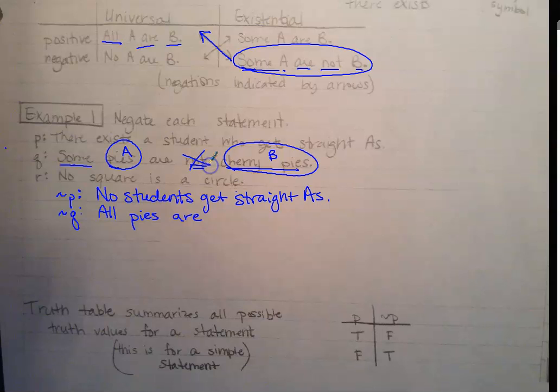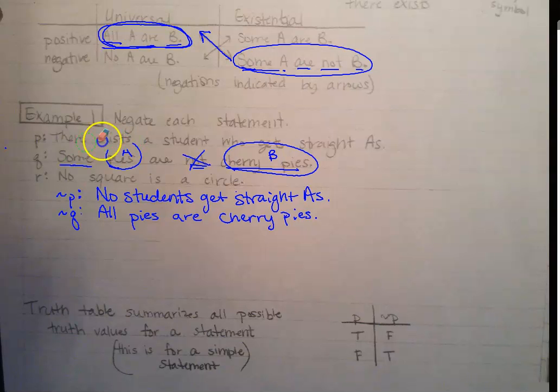There's no more not. Our cherry pies. Because we're negating it, we have to follow. There's no not here, so we get rid of it. That's the negation, the opposite of it, because we're giving it the opposite truth value. Good question. So that's why we get rid of the not.